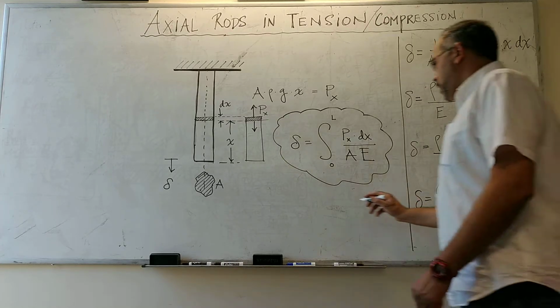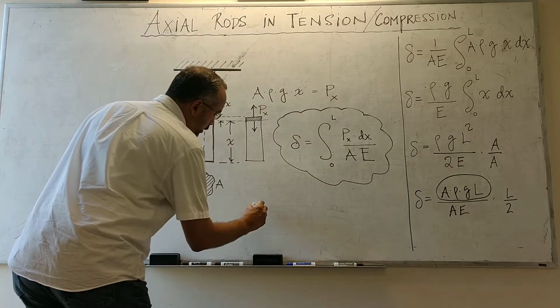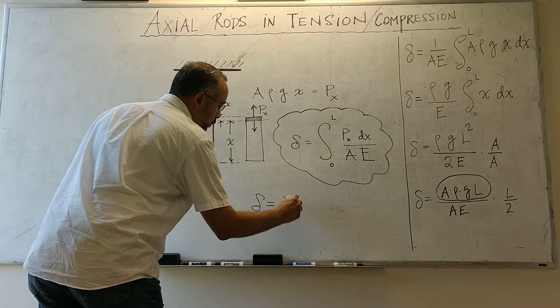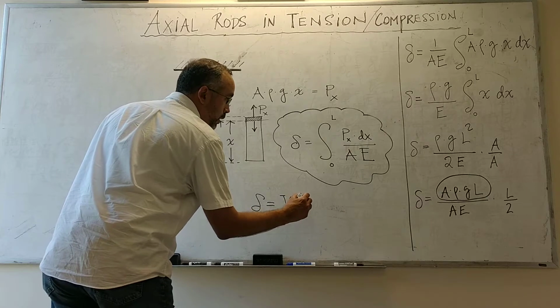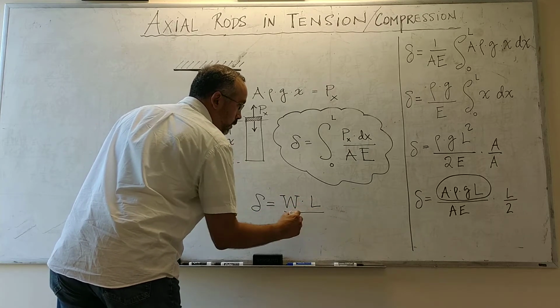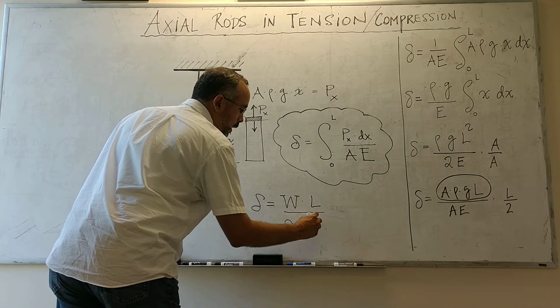And so our expression becomes the weight of the rod times L divided by 2AE.